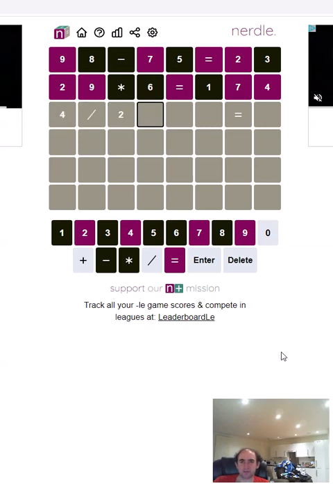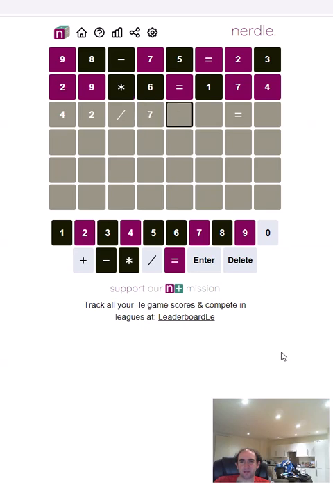Okay, let's try 4 over 2. Oh, plus 7 equals 9, but that's not enough digits. 42 over 7 is 6, but that's not right because that's not a 4. That would equal 3, which can't be right.